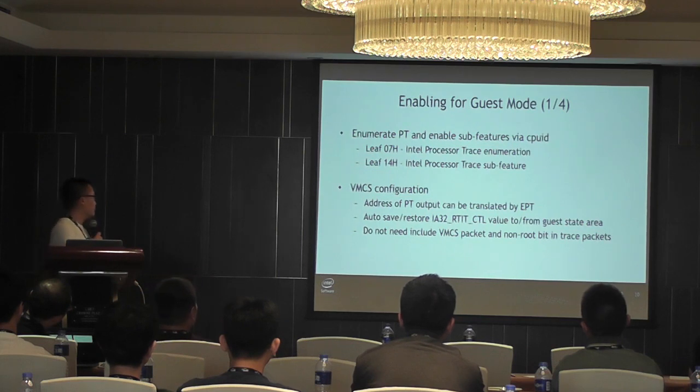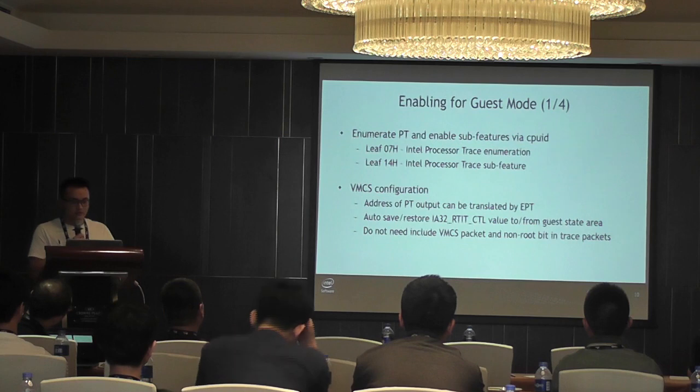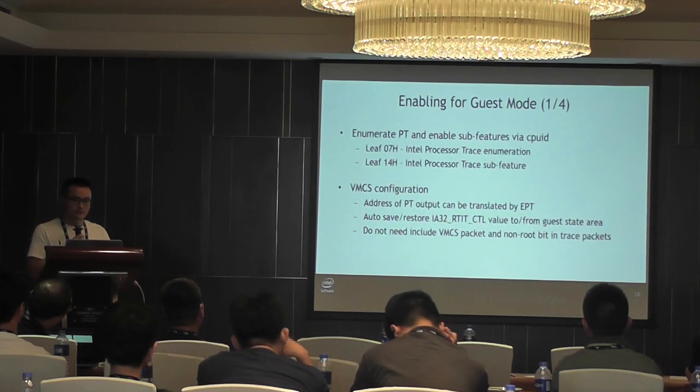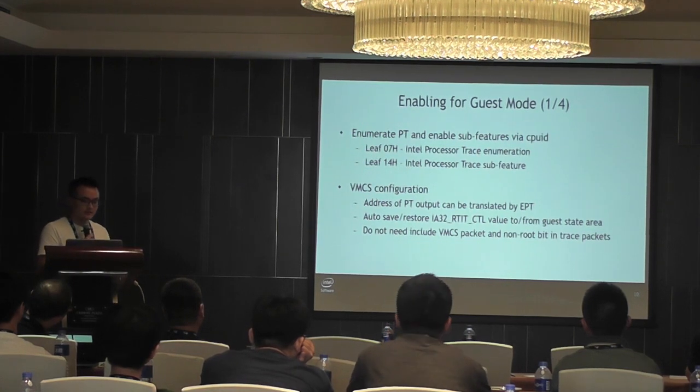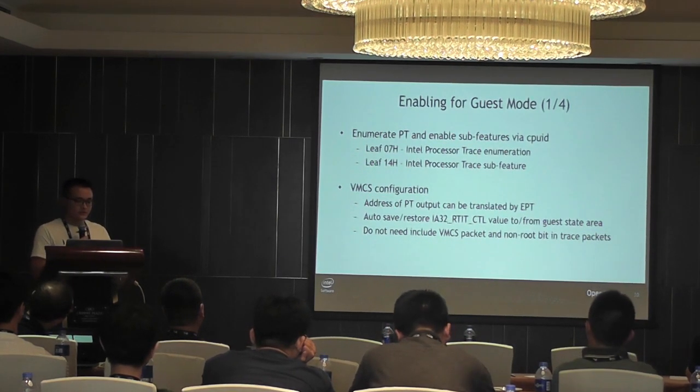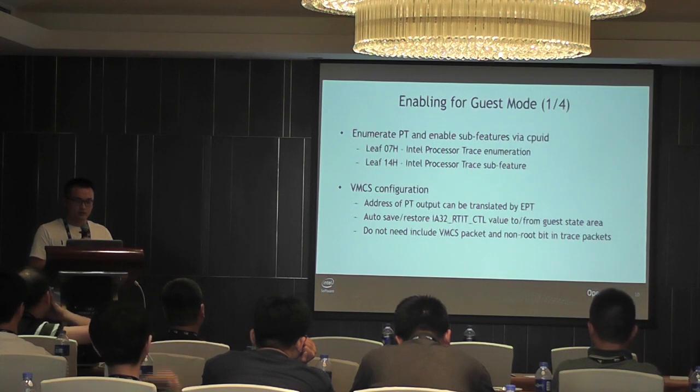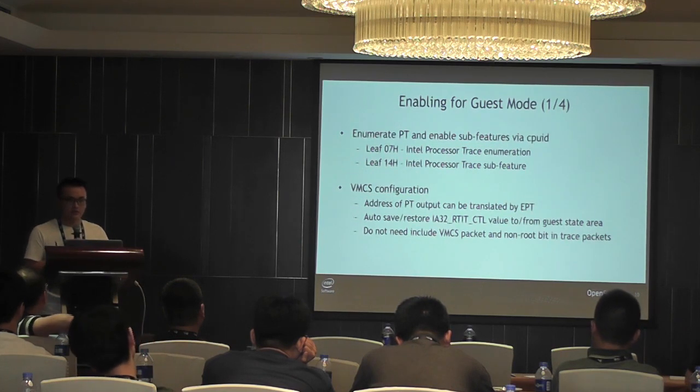The next one is some VMCS configuration. First, we need to let the address of the PT output be translated by EPT. Another is we need to set auto save and restore of the PT control register, with the value to or from the guest state area.